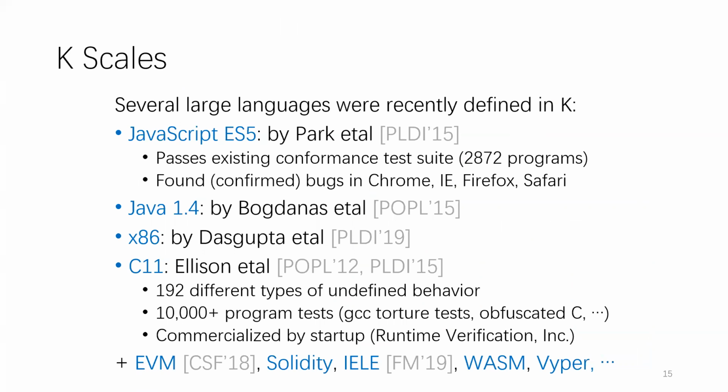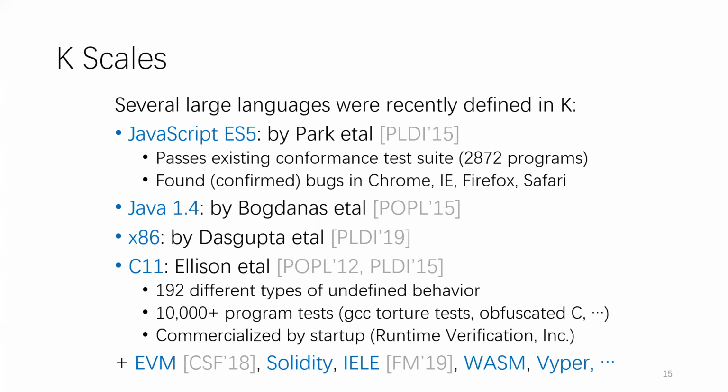K scales. So we've tried smaller and toy languages, but there are also some large and real languages that have been given semantics in K. As previously explained, K itself has been designed and developed while defining the semantics of these languages. So we have the JavaScript semantics.